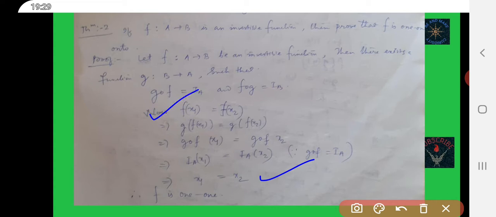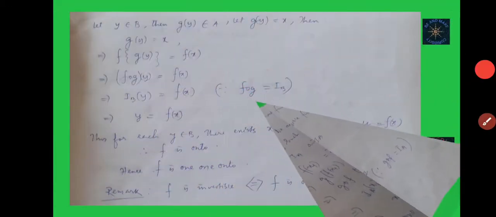If f of x1 is equal to f of x2, then we have x1 is equal to x2. So this function f is 1-1. Understood? Next.